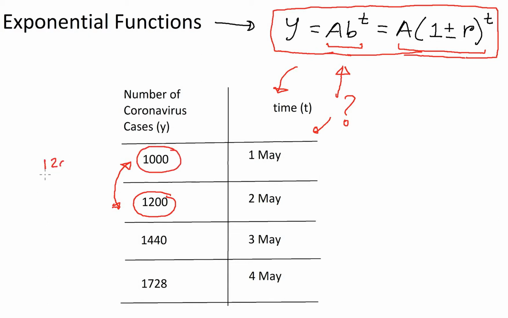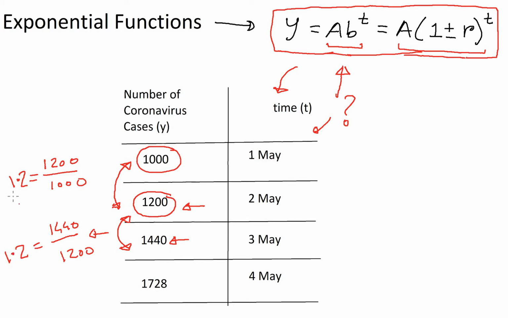So we are dividing 1200 by 1000. This is how you calculate the factor, and you're going to find 1.2. Similarly, if you find the factor here using your calculator, you should also find 1.2. So remember, the new value, the latest value, divided by the previous value.